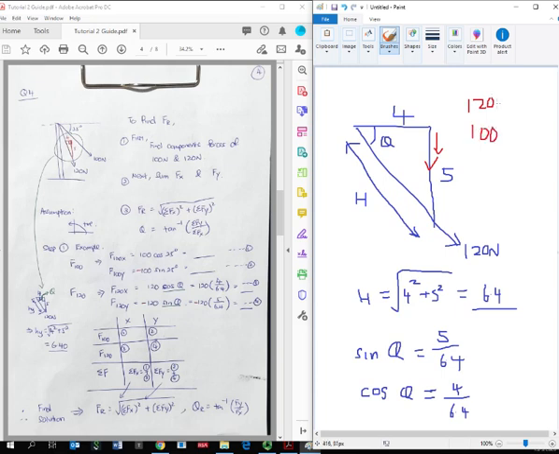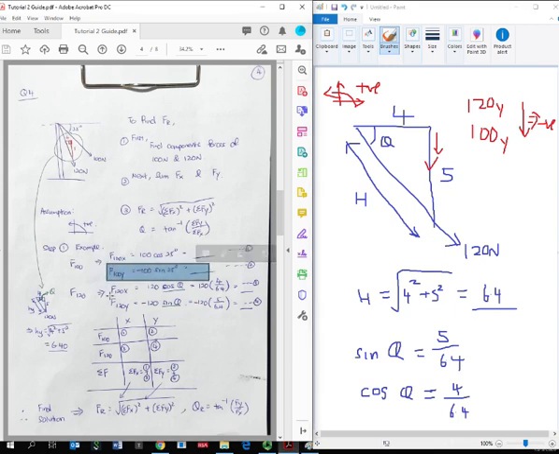For the y direction, they are going down, so that implies they are negative, because our assumption is always this. So when they are negative, you put in the negative sign here. You have a negative in red color that I shaded, and this also has a negative that was shaded. This is why there are red color markings there, because these are negative.